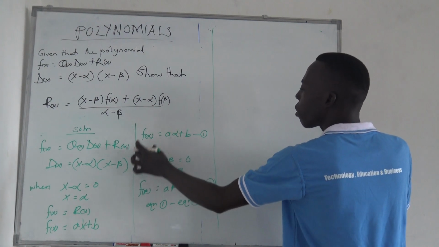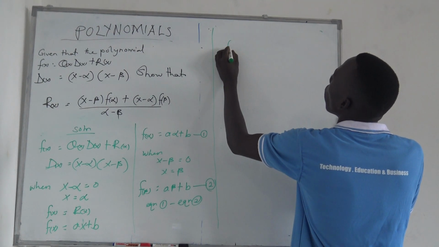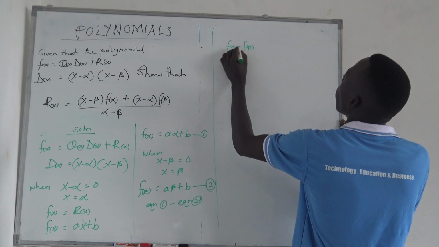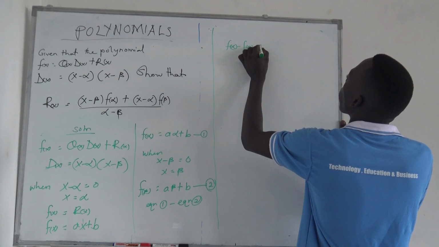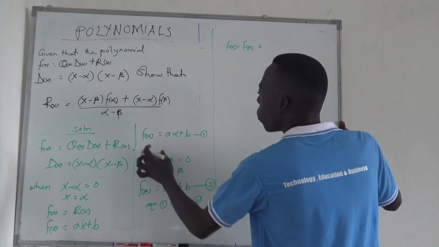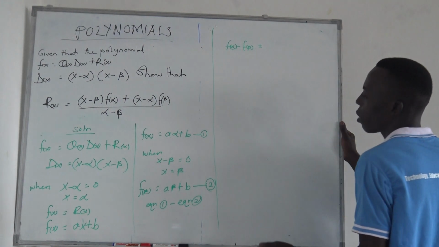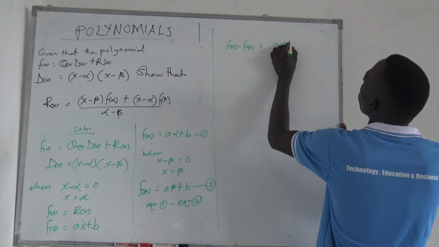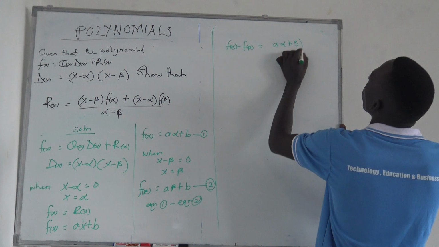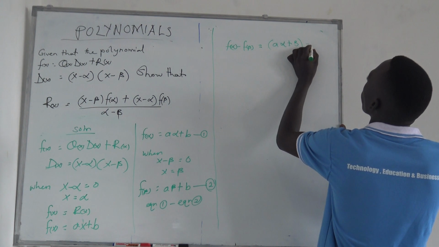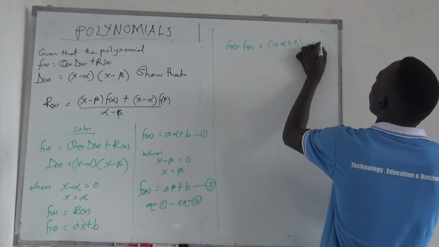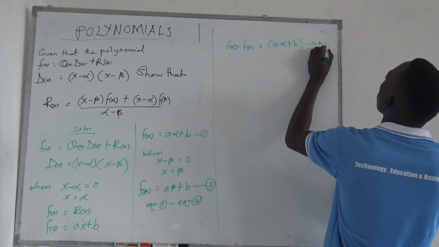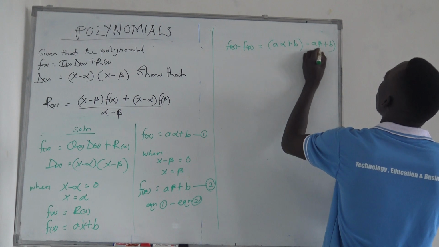So this one will be this minus this, which is f of alpha minus f of beta. What we do on the left hand side, we also do on the right hand side, which is a alpha plus b, minus a beta plus b.